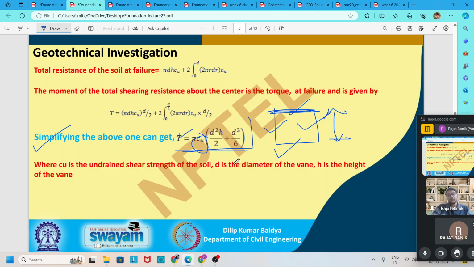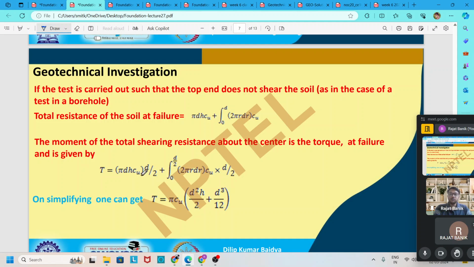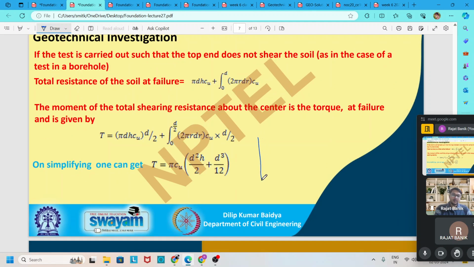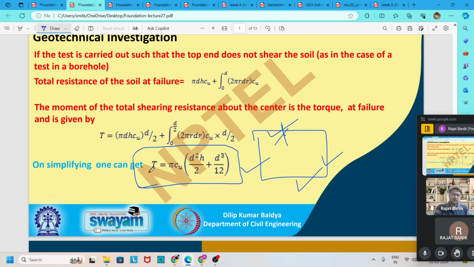So if you use all these four sides in our calculation or in our test to find out the shear, then we use this formula, that is torque equals pi into undrained cohesion into d square h by 2 plus d cube by 6. If you use only three sides excluding the upper side, that means we are not including this, we use these three sides, then the formula changes, which is torque equals pi into Cu into d square h by 2 plus d cube by 12.